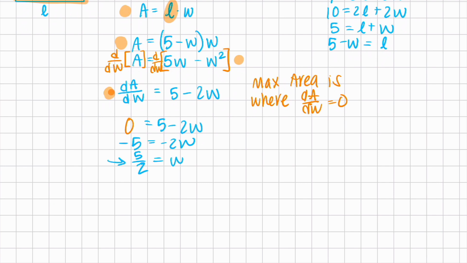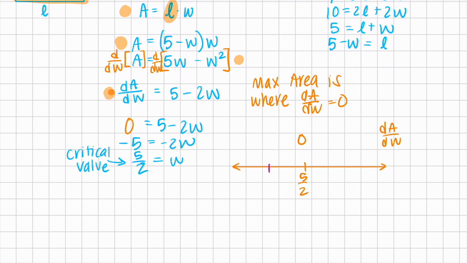Now, we know that this 5/2 is a critical value, meaning the value that makes my derivative 0. But let's check. Let's make sure that this is a maximum, not a minimum. So if I make a number line, I have 5/2. I know that this is where dA/dW equals 0. And let's do tester points on either side of 5/2.